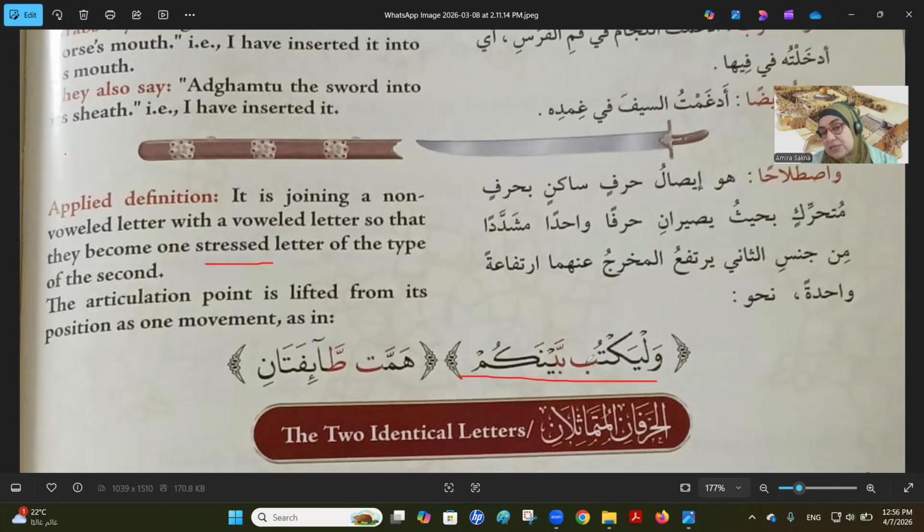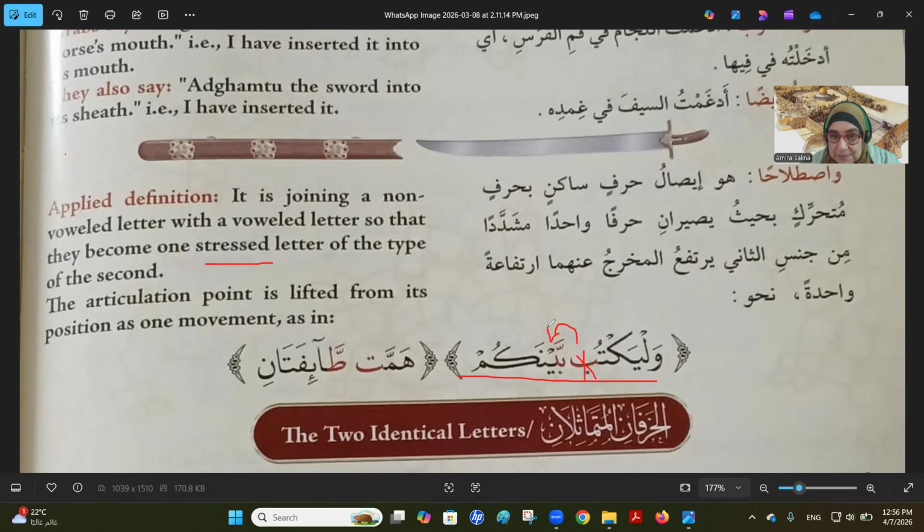Because the first one is having sukoon and the second one having fatha, the first one is going to be completely merged into the second one. So this ba is going to be completely merged into the second ba.